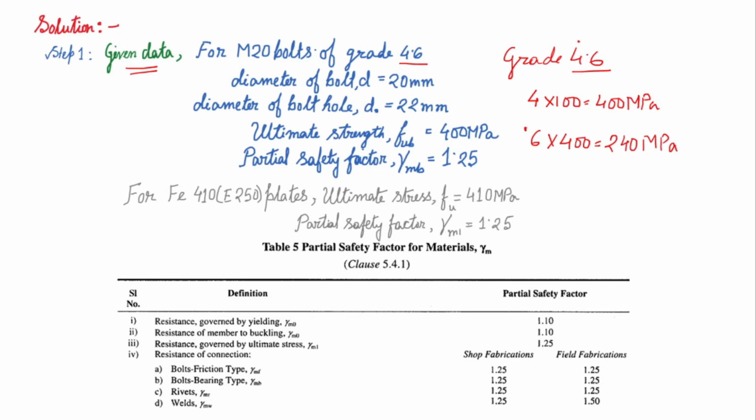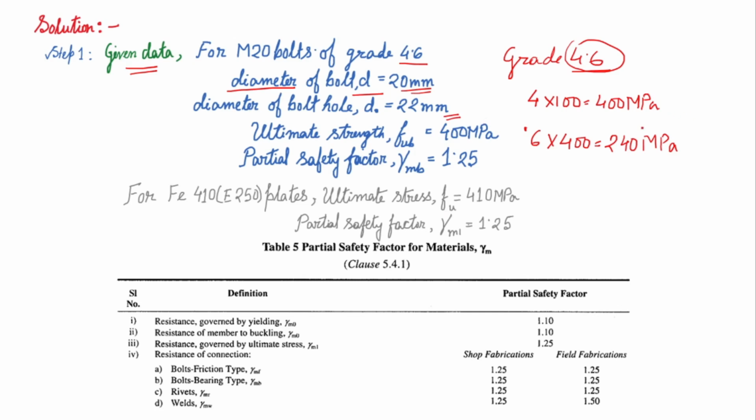That's why the grade is 4.6, which gives the data on its ultimate strength as well as yield strength. Then the diameter of the bolt D is 20 mm. Then diameter of the hole is 22 mm, which is 2 mm more than the diameter of the bolt.